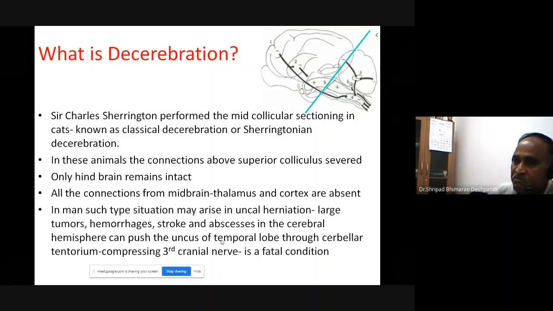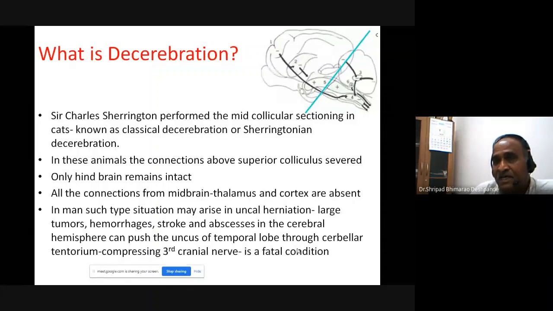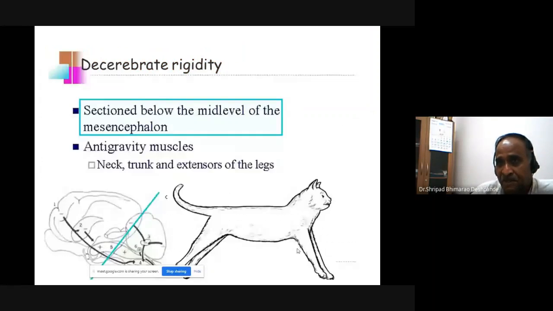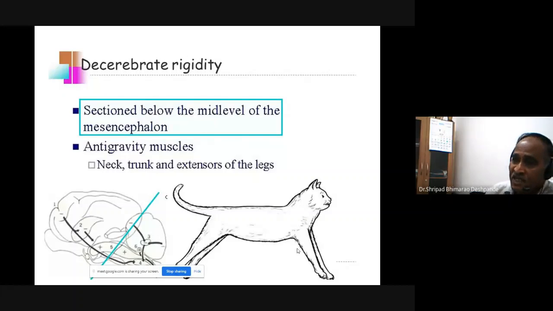Otherwise, the person will die if you don't attend. Sometimes you may not see him in your hospital, because by that time he reaches his death. Okay, so now this is the classical feature after cutting.